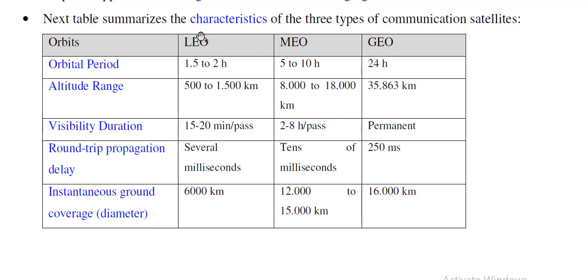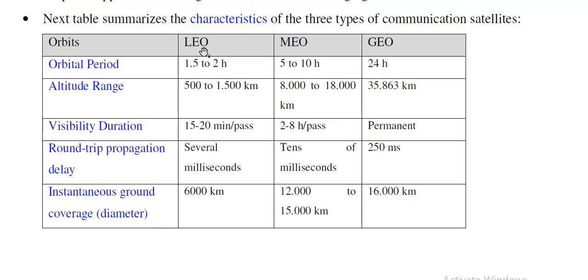Now for the LEO satellites, the Earth is faster than the satellite. Now the Earth will pass the satellite and it will find it again in a maximum of 2 hours.